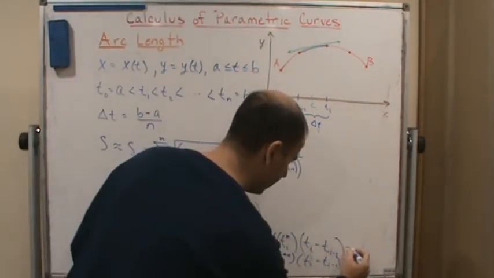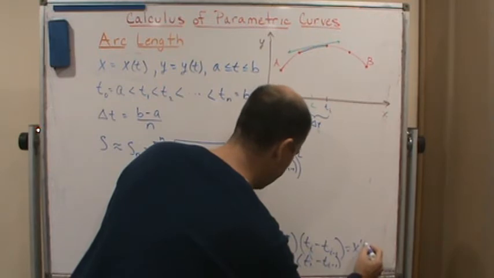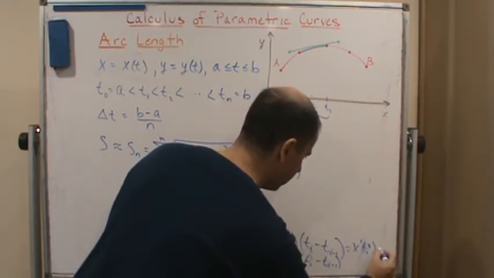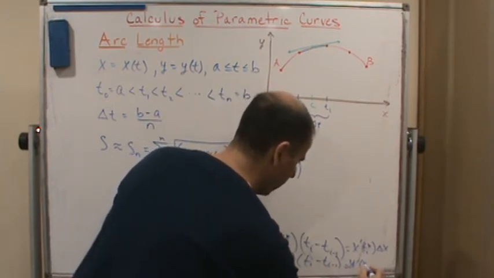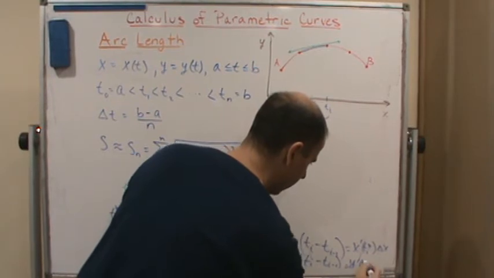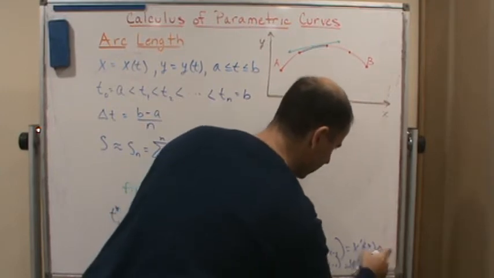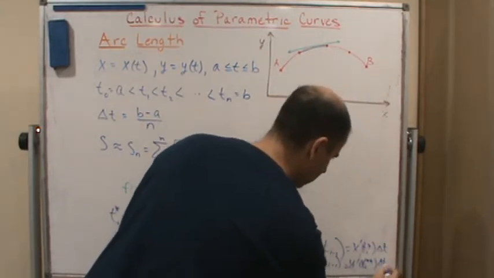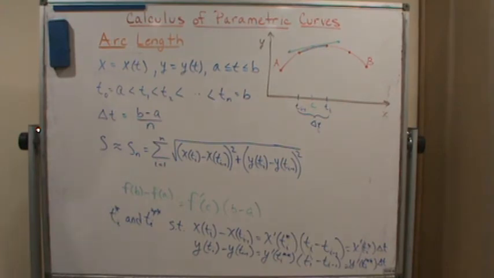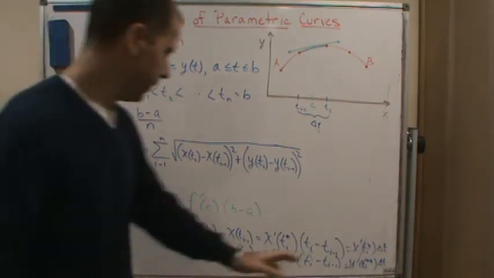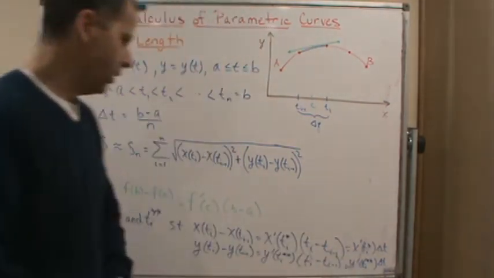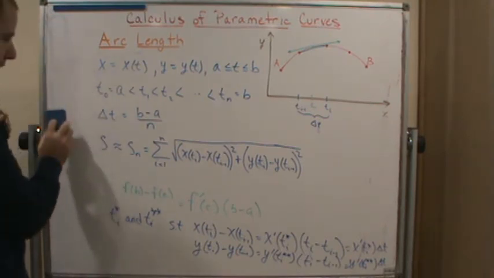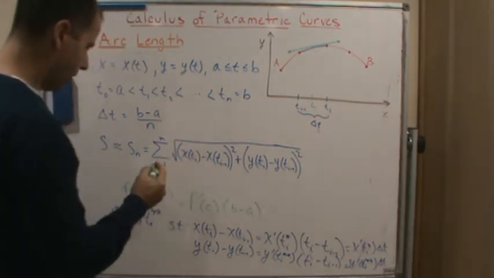So I get x prime of t sub i star times delta t, and the bottom one becomes y prime of t sub i double star times, not delta x, I'm sorry, delta t. And now I'm going to replace both of these under the squares with that. How does that affect my calculation?